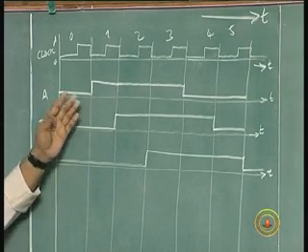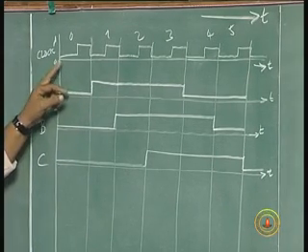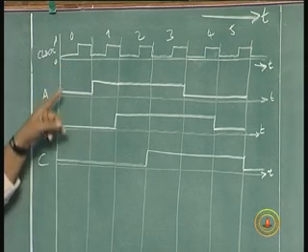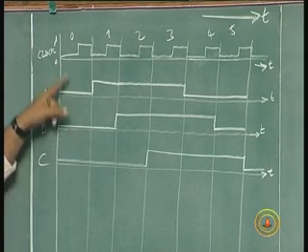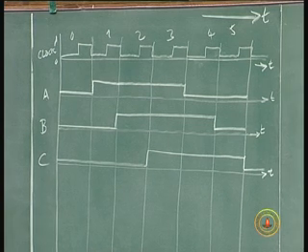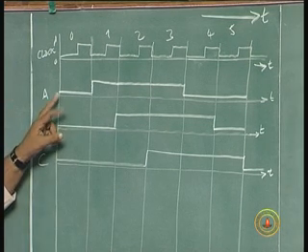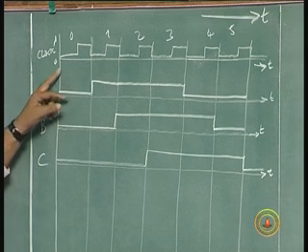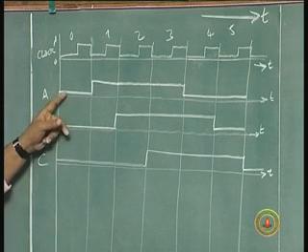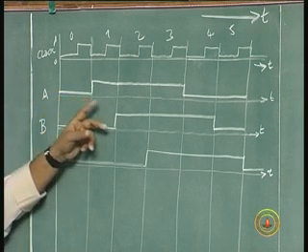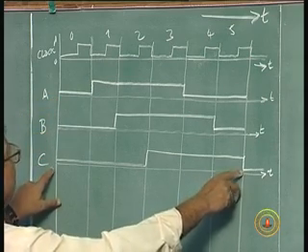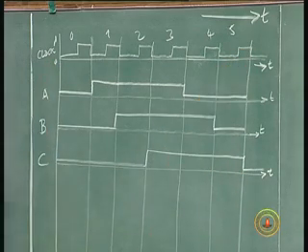So, I am dividing this clock by what factor, what is the frequency of this compared to this? The time period of this is 3 times less, no. So, no, 6 times less. This period, for example, is equal to 6 periods of this clock.